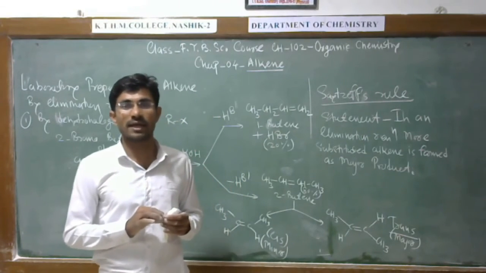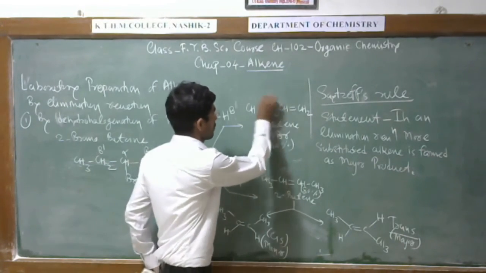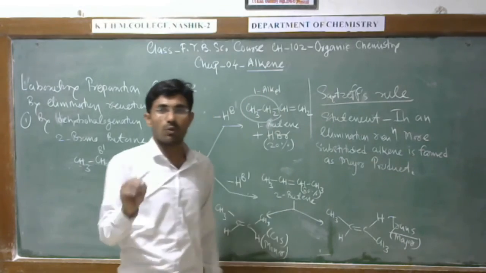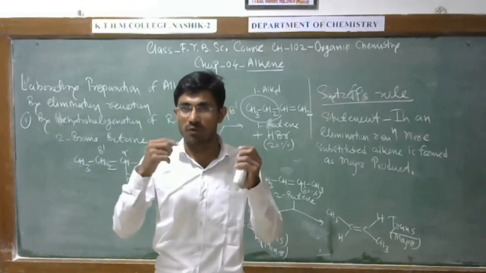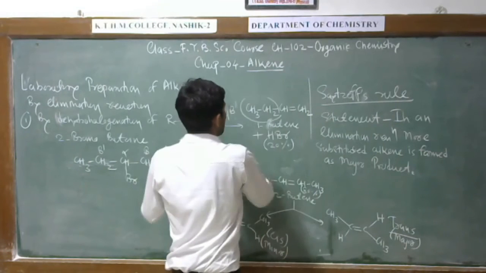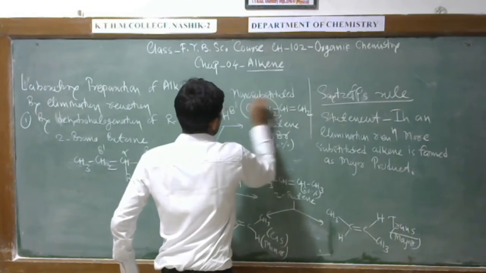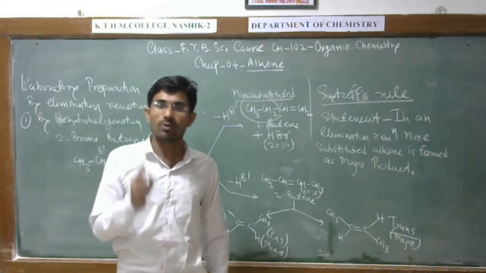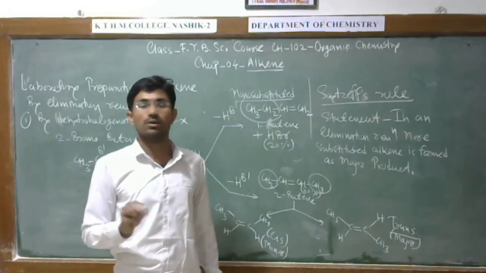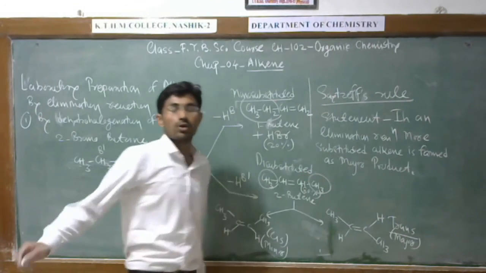So 1-butene has one alkyl group attached, meaning a monosubstituted alkene, while 2-butene has two alkyl groups attached, so a disubstituted alkene.